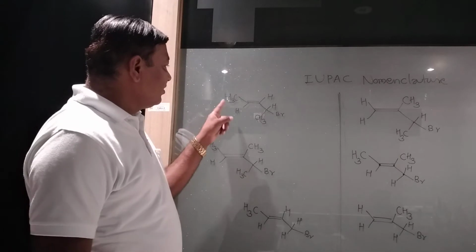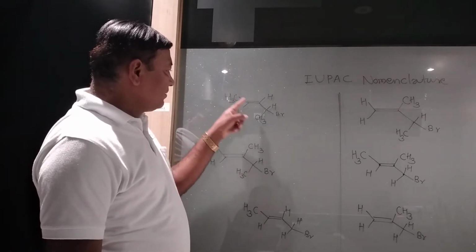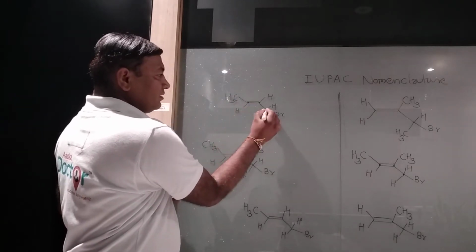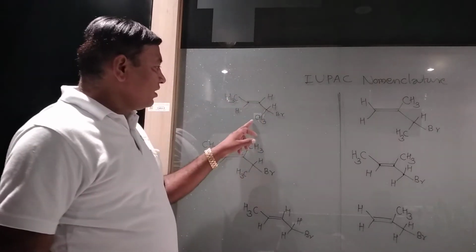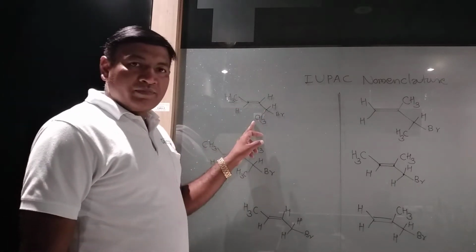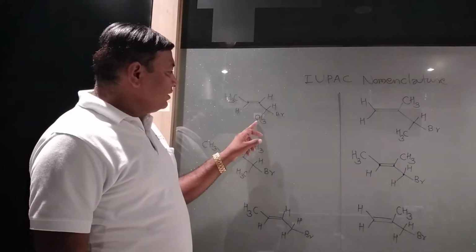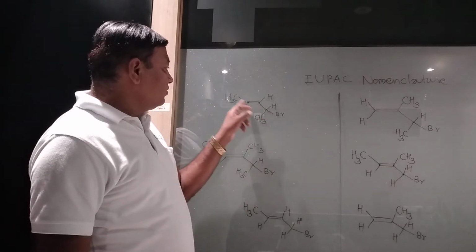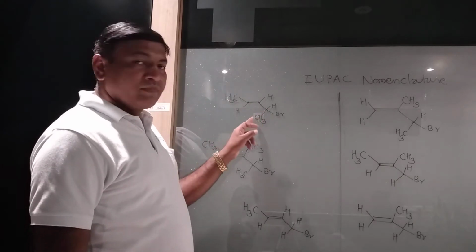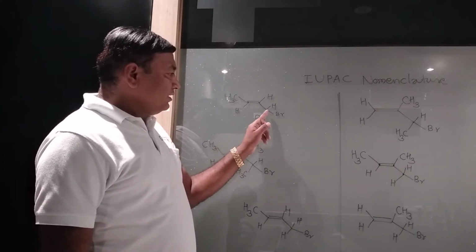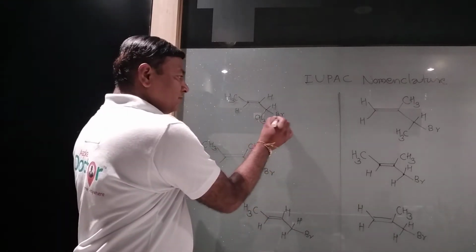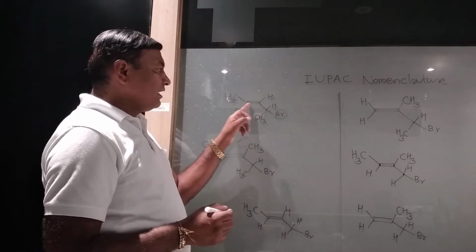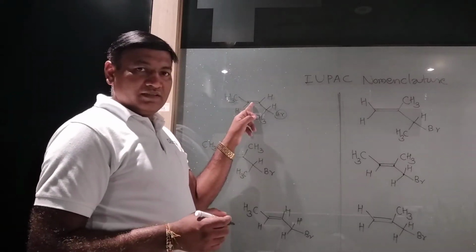How can we select the longest chain? See, this is one carbon, two carbon, then 3, 4, and this is 5. So a 5 carbon chain is there. Out of this 5, we can give the numbering from this side or this side, 1, 2, 3, 4, 5. In both ways, you can see at number 2 there is one substituent, which is Br, and from here at number 2 there is another substituent, which is the alkene.